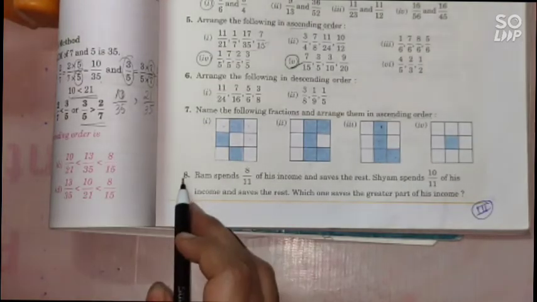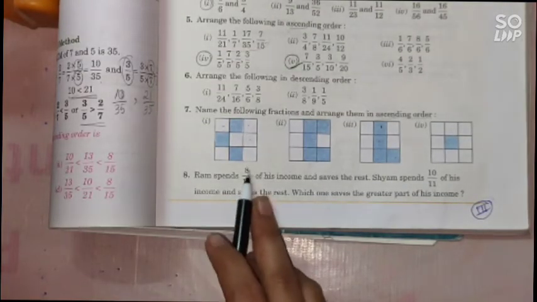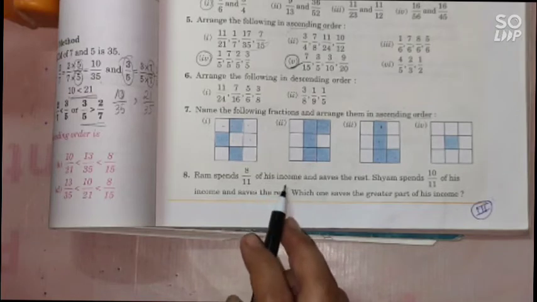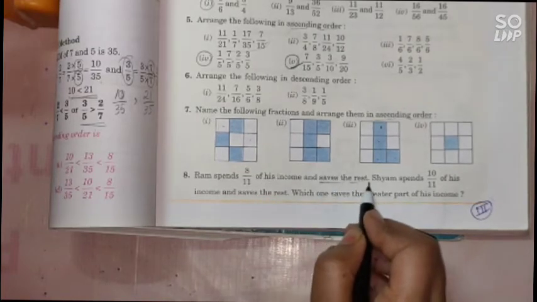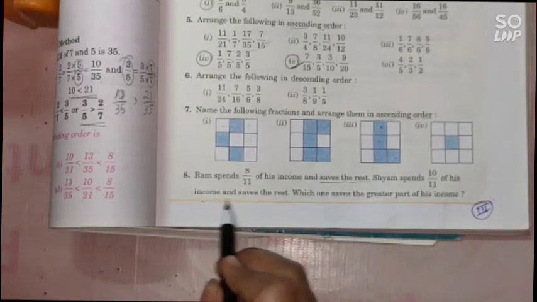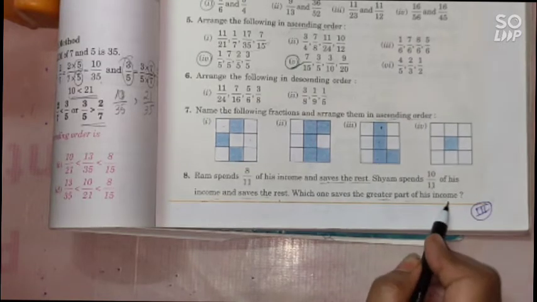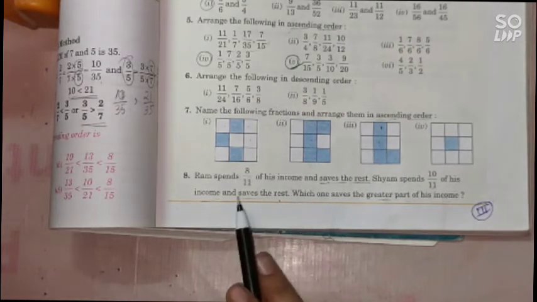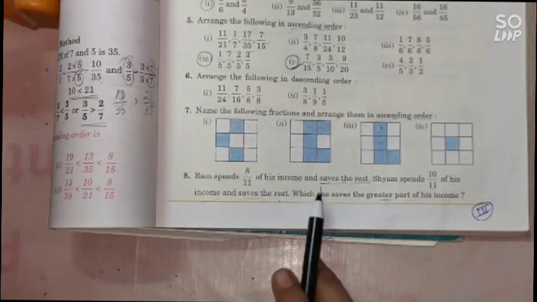Next, question number 8. Ram spends 8 upon 11 of his income and saves the rest. Sam spends 10 upon 11 of his income and saves the rest. Which one saves the greater part of his income? First of all, you have to find how much Ram spends and how much Sam spends.